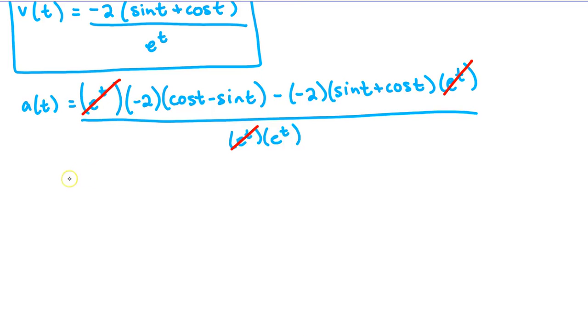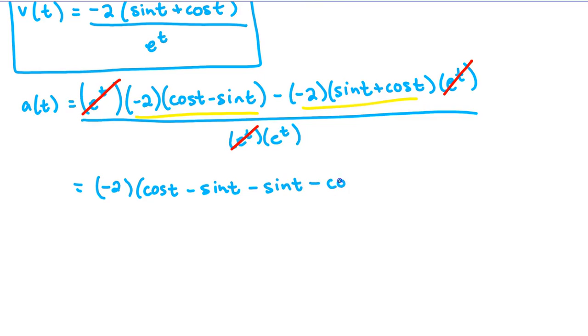So if I factor out the -2 from both parts, I have then cosine t minus sine t minus sine t minus cosine t. That came from this minus being distributed.